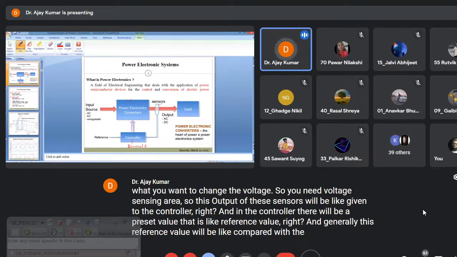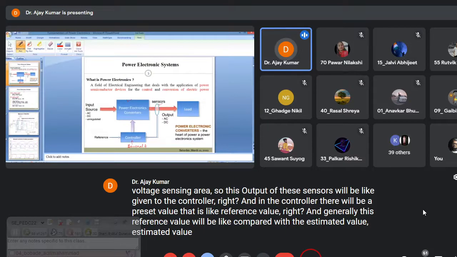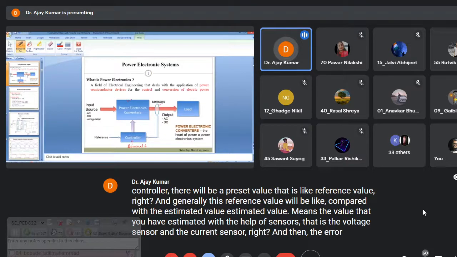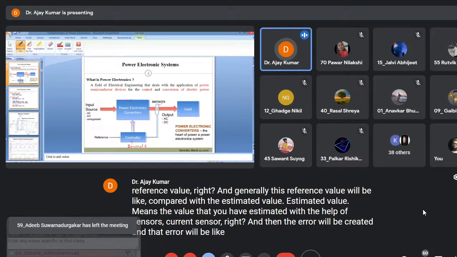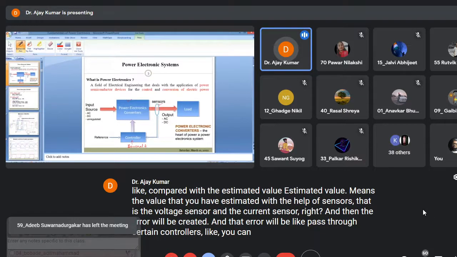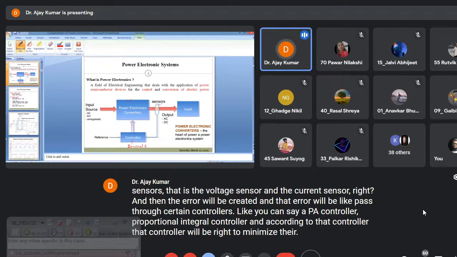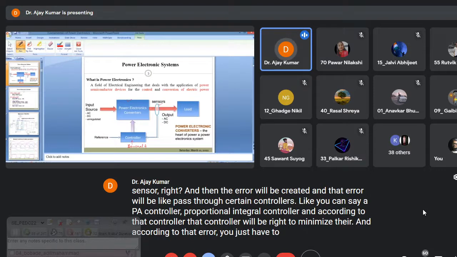Estimated value means the value that you have estimated with the help of the voltage sensor and the current sensor, right? Then the error is created, and that error will be passed through certain controllers, like a PI controller, proportional integral controller. According to that, the controller will try to minimize the error, and according to that error, you just have to generate the switching pulses, and those pulses will be given to the power electronic converter. So this will be an entire closed loop.